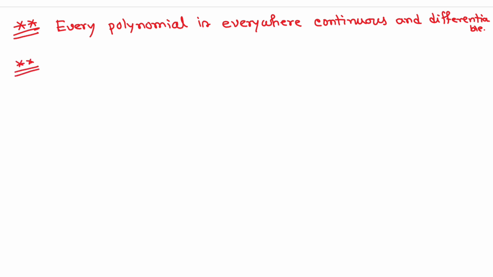graphically how to know that a function is continuous or not.